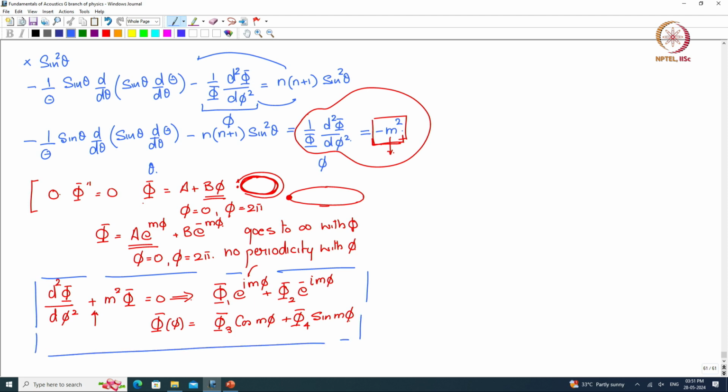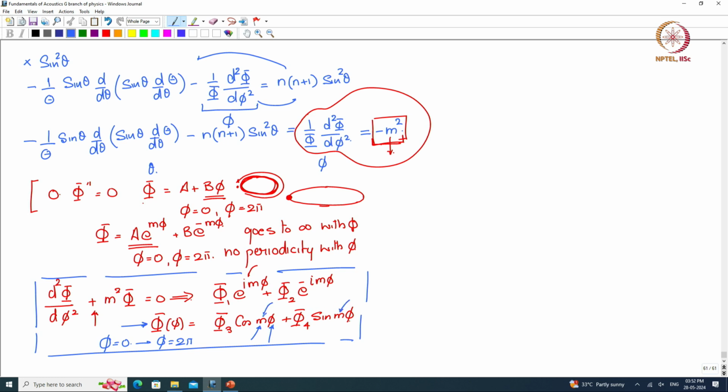So here I would like to mention that the choice of m as an integer, what it does is when phi comes back to the same point, let us say phi starts off at 0 and it comes back to the same point, phi is equal to twice pi, then this value acquires the same value, repeats, okay, and that happens only because m is an integer.